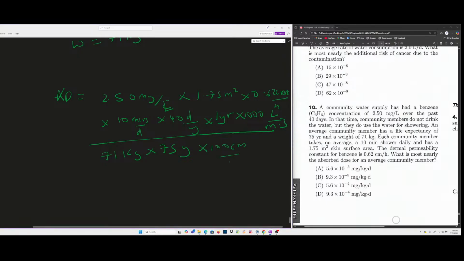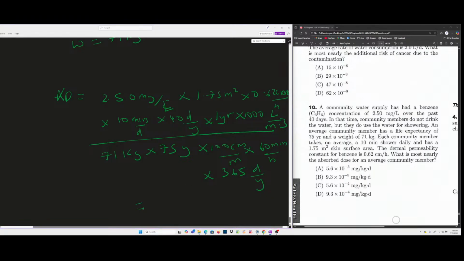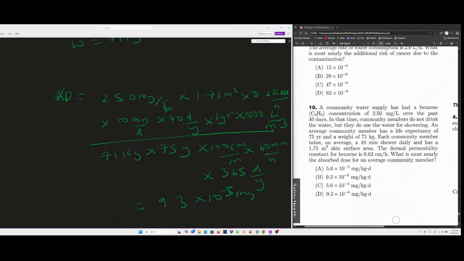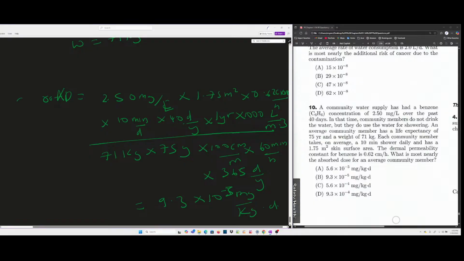We're converting centimeters to meters, minutes to hours, and years to days. Once we do all this conversion, we're left with 9.3 times 10 to the power negative 5 milligrams per kilogram per day, the AD or CDI.